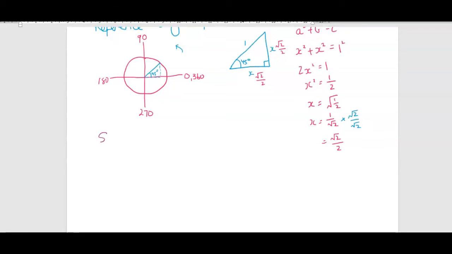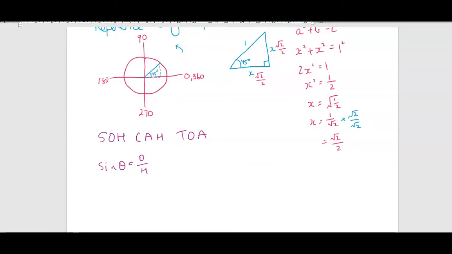All right, so now we look at our exact values. So we've got to use SOHCAHTOA. So remember, we use our trig ratios when we have a right angle triangle. So this is a right angle triangle that's come from the unit circle with a reference angle of 45 degrees. So let's look at sine first. So sine theta equals opposite over hypotenuse.